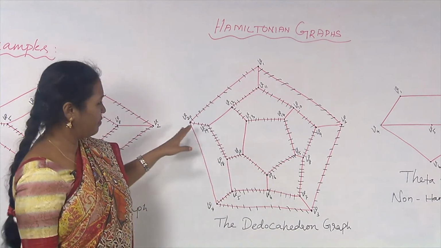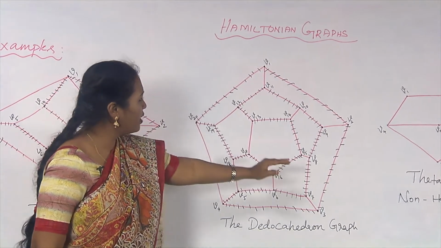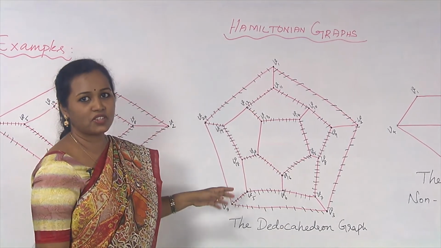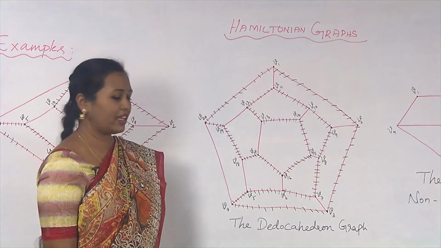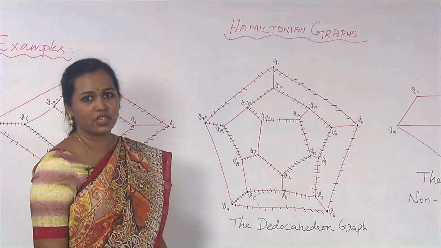Now you can very clearly see that I have traversed all across the graph and I have touched all the vertices and none of the vertices were repeated twice, and so this is a prime example of a Hamiltonian cycle. The dodecahedron graph is an example of a Hamiltonian graph.